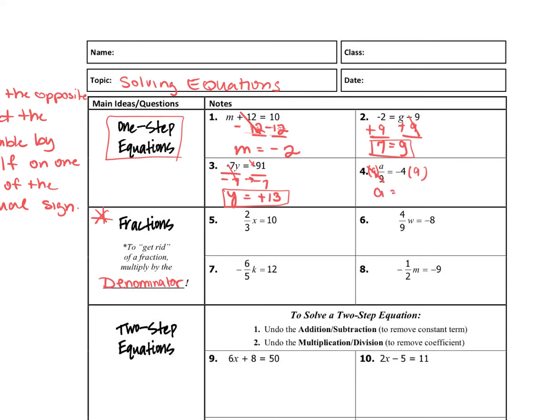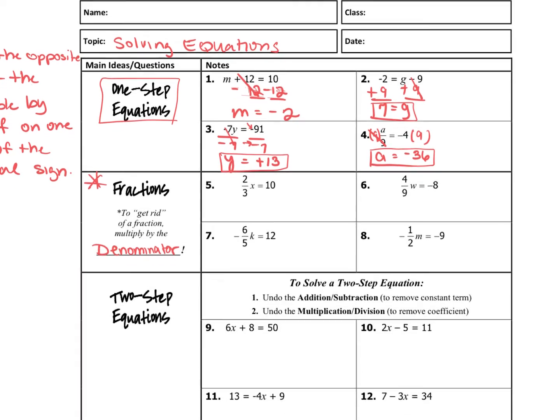Cancel. A equals -36. Okay. The rest of these I'm going to leave for you to do on your own. Try them. Finish that out.